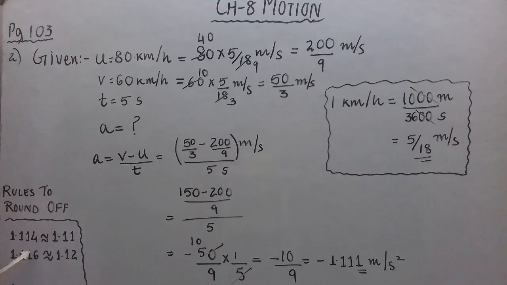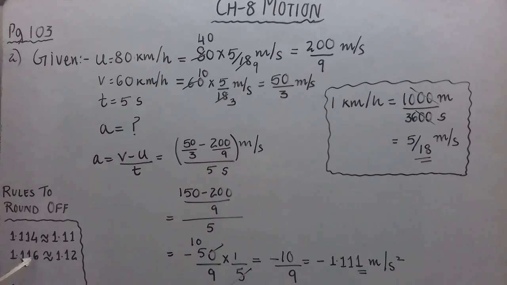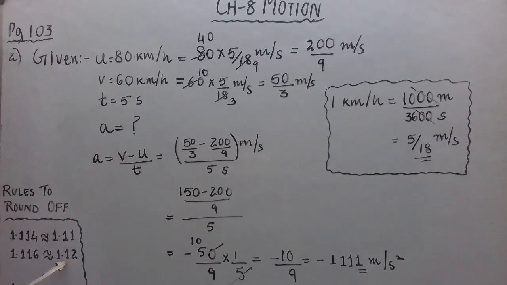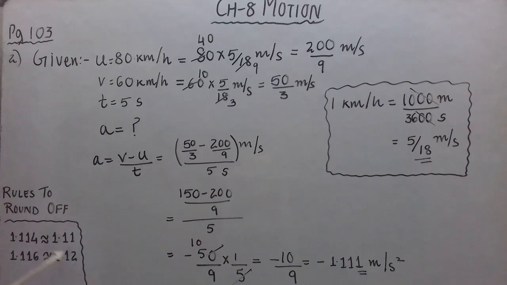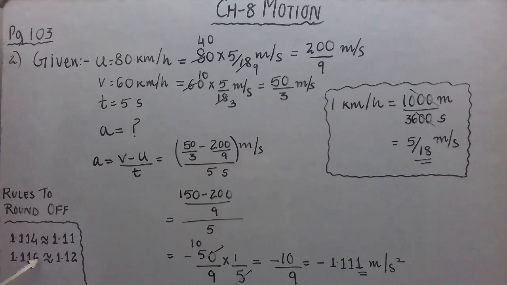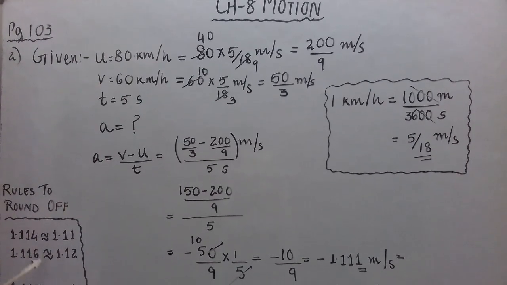If the next number which we are going to drop is more than 5, like here 1.116, or it can be 1.117 or 8 or 9, in that case, when I want to round it off to 2 decimal places, I will write 1.12. I have increased this number by 1 because the next number which I am going to drop is more than 5. I hope this is clear to you.